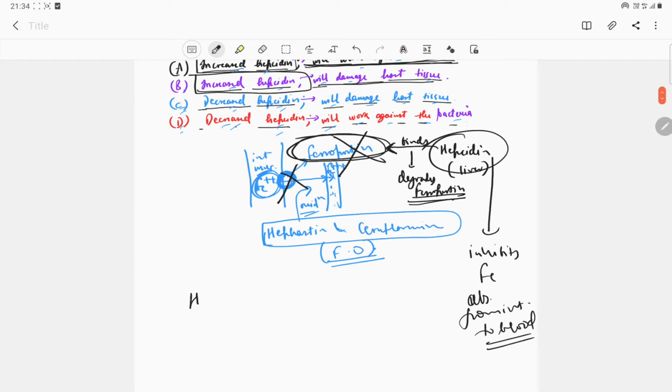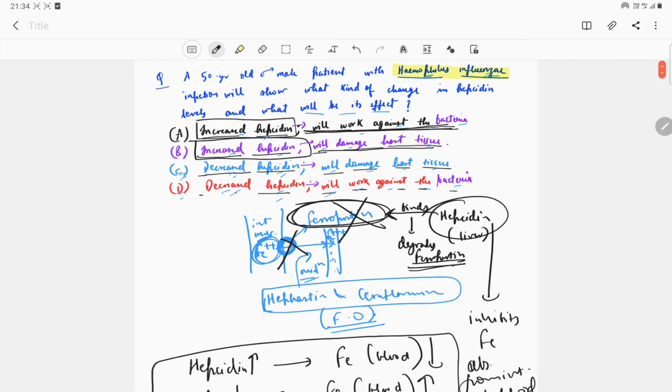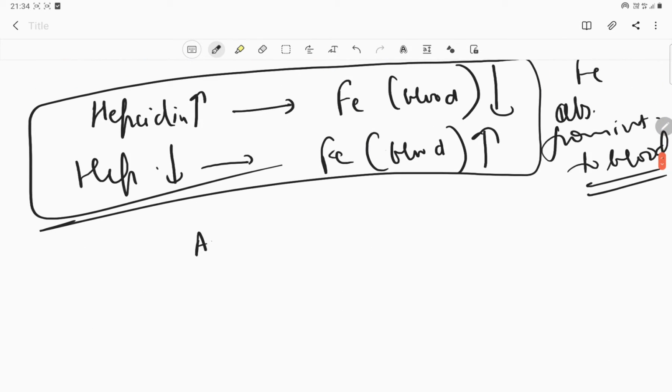Therefore, if hepcidin is increased, then iron in the blood will decrease, and if hepcidin decreases, then iron in the blood will increase. Now, in the infection stage, such as infection with bacteria like Haemophilus influenzae, we know that acute phase reactants like CRP are produced by the liver and are increased during infection.